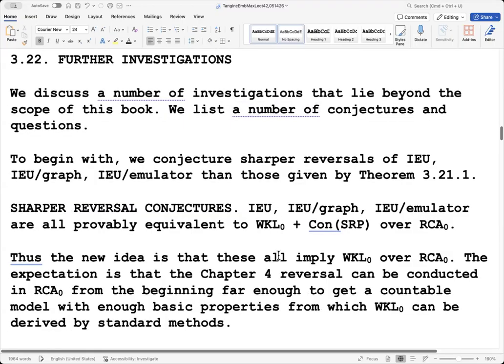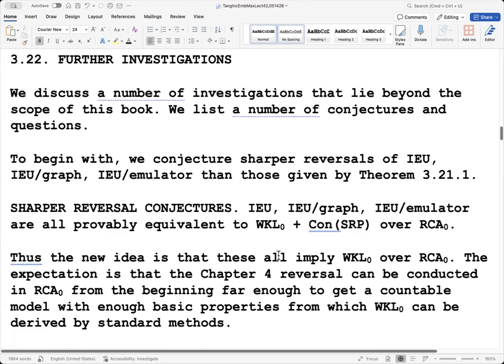All right, we discussed a number of investigations that lie beyond the scope of this book. We list a number of conjectures and questions. To begin with, we conjecture sharper reversals of IEU graph, IEU emulator than those given in the previous chapter section. So the sharper ones are this.